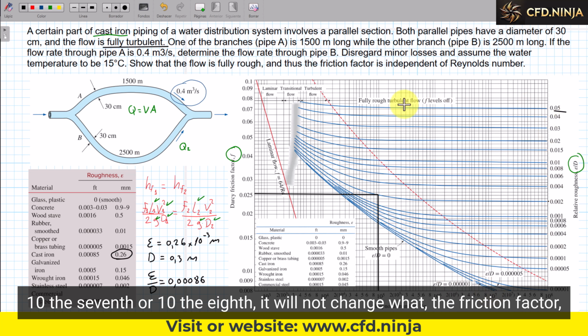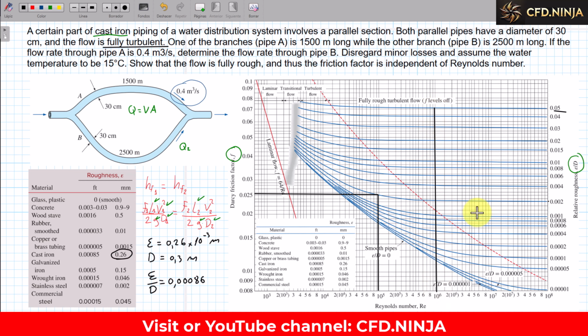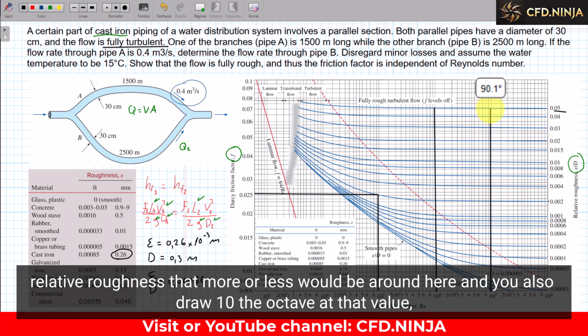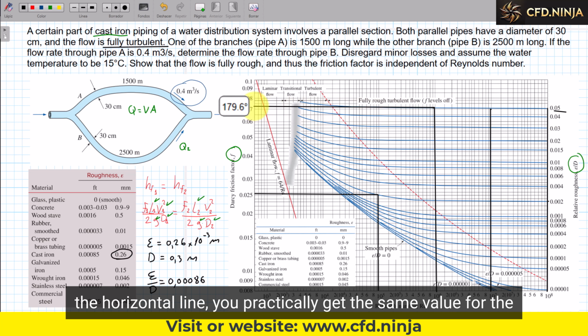The friction factor. Why? Because if you draw from here, for example, 10 to the 6th to this value, or you draw 10 to the 7th at that value of the relative roughness, which would more or less be around here, and you also draw 10 to the 8th at that value, realize that this point of intersection, if you draw the horizontal line, you practically get the same value for the friction factor.